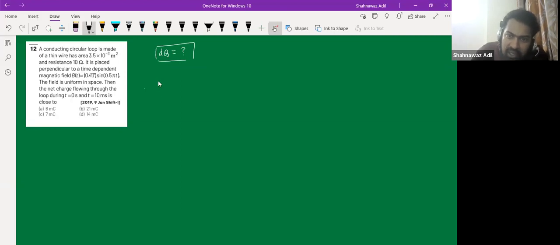We know that the EMF generated is minus dΦ by dt. If this is the EMF, then what would the current be? This is the voltage, resistance is 10 ohm. What would be the current, Tariq?